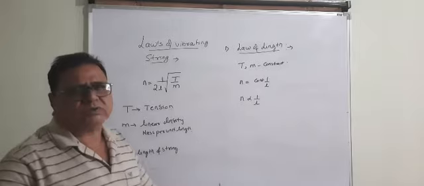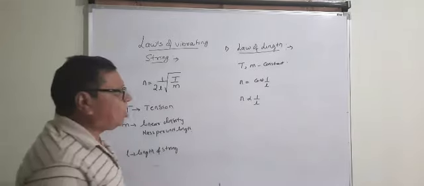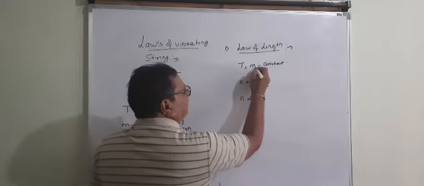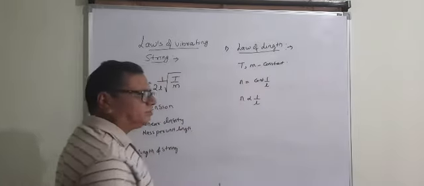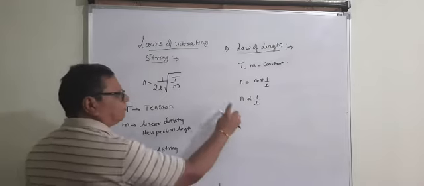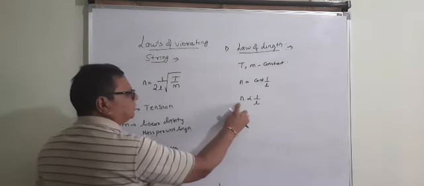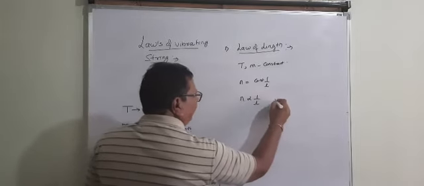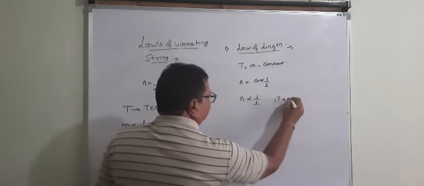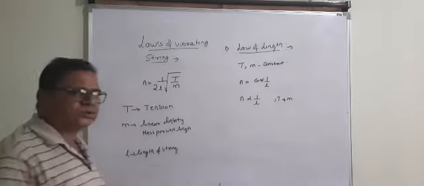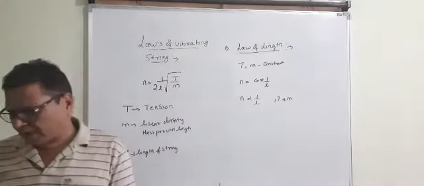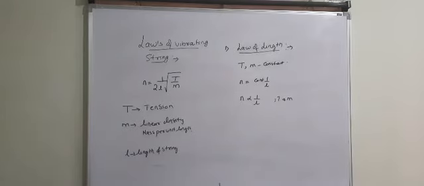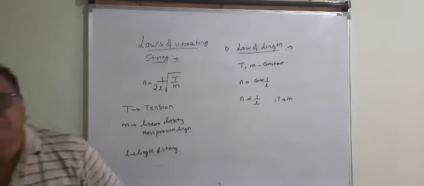Not for harmonics. So the law of length states that if tension and mass per unit length are kept constant, the fundamental frequency of a string is inversely proportional to the length of the string.